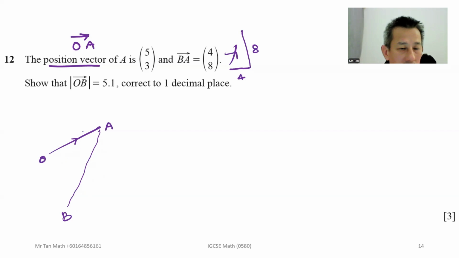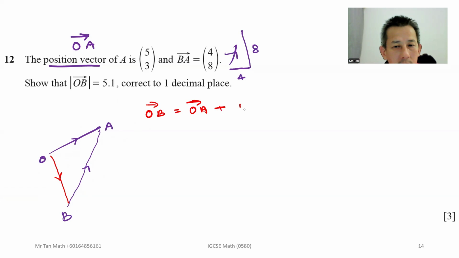Okay. First, you need to find OB. So you want to find what B is. So OB is equal to OA plus AB.